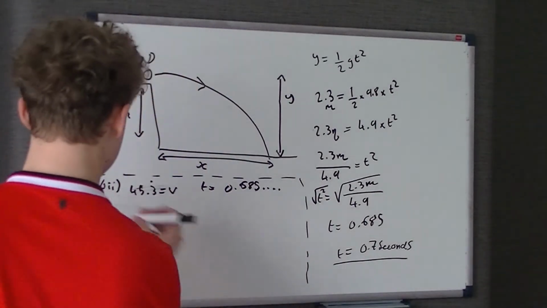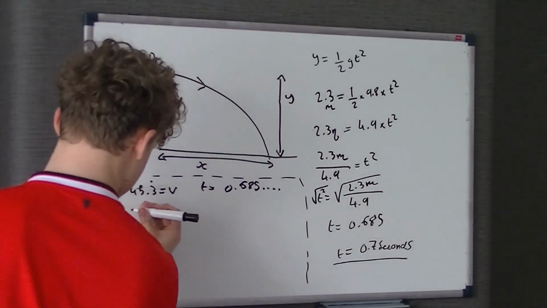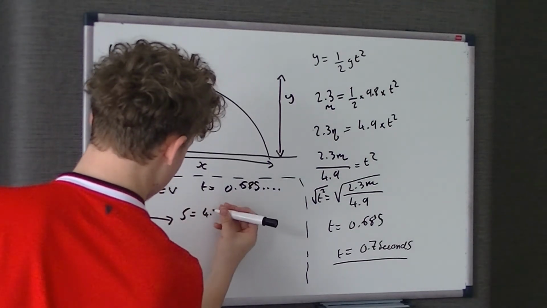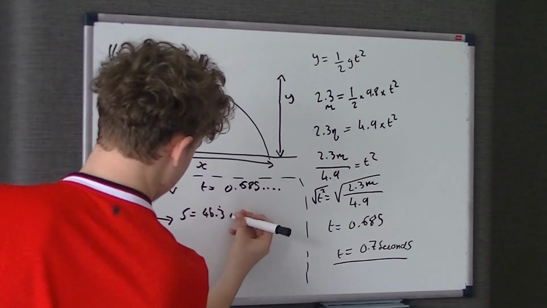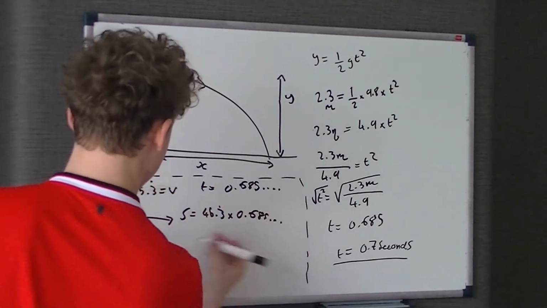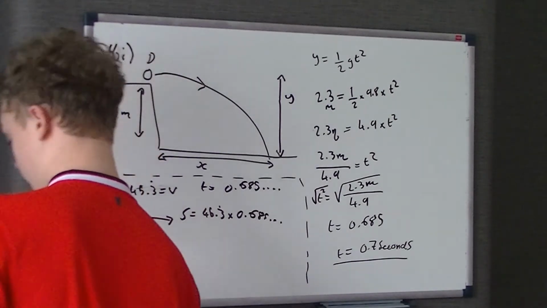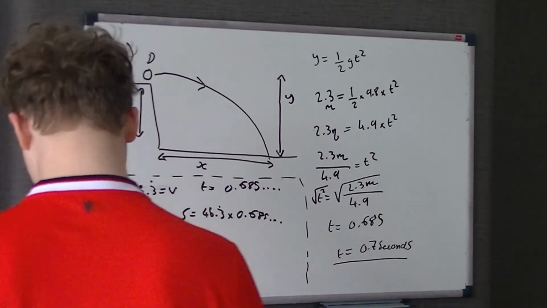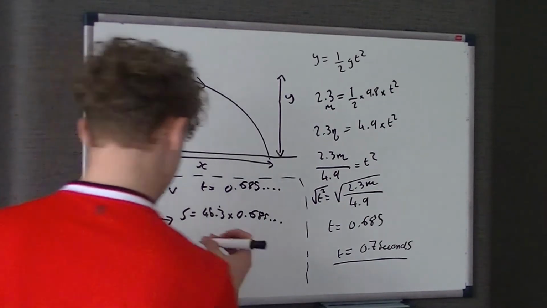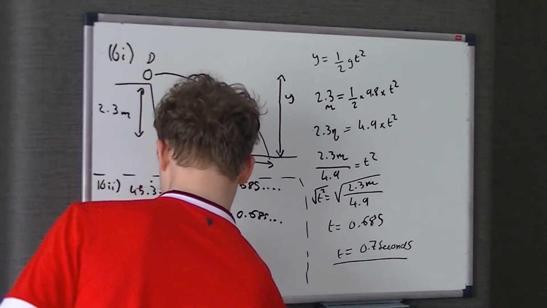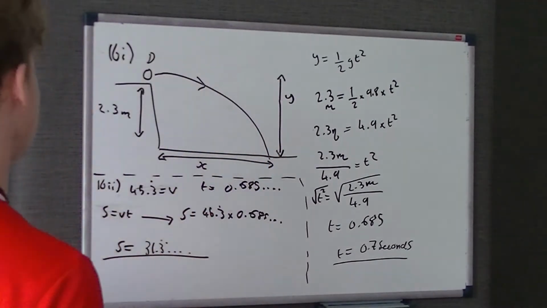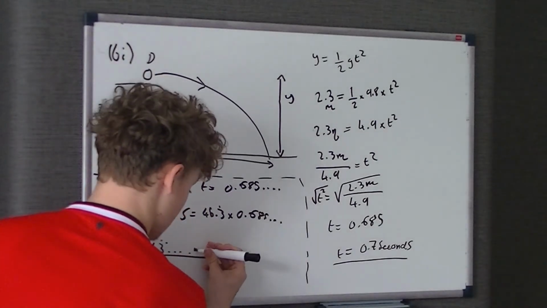And distance equals speed times time, so s equals vt, and we just put that into the equation. s equals 45.3 times 0.685, and that should get us a distance value equal to 31.3-ish. I've got my calculator. Metres, let's put that in metres.